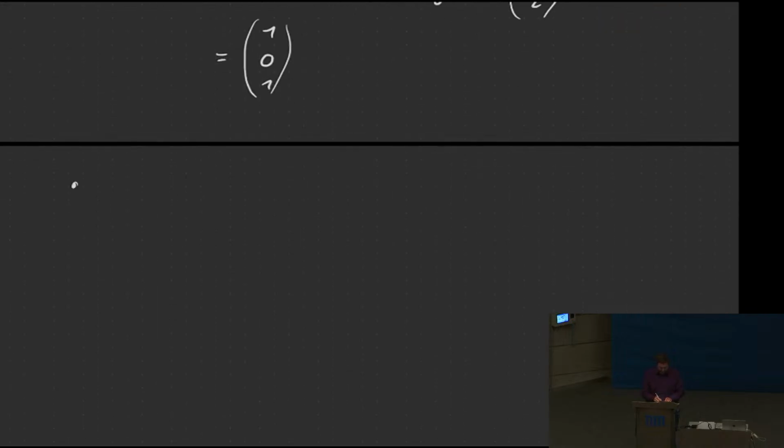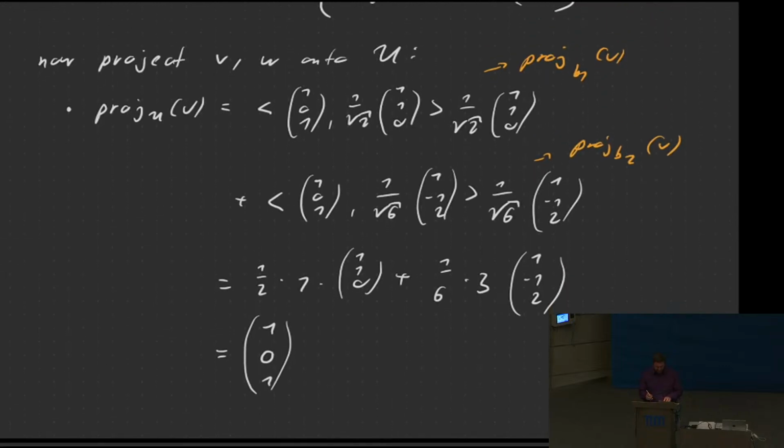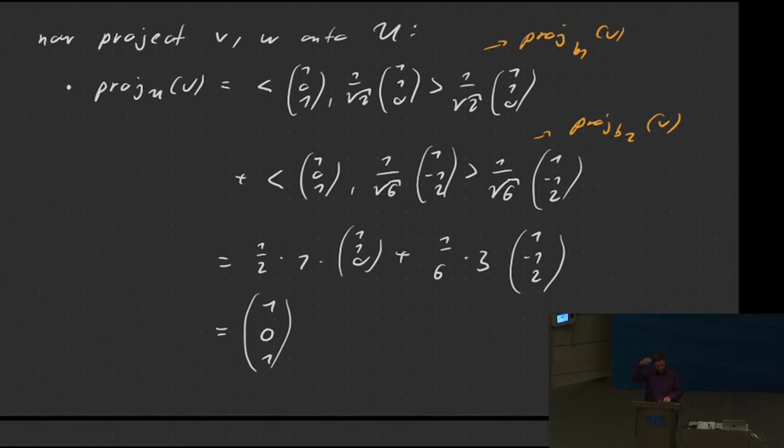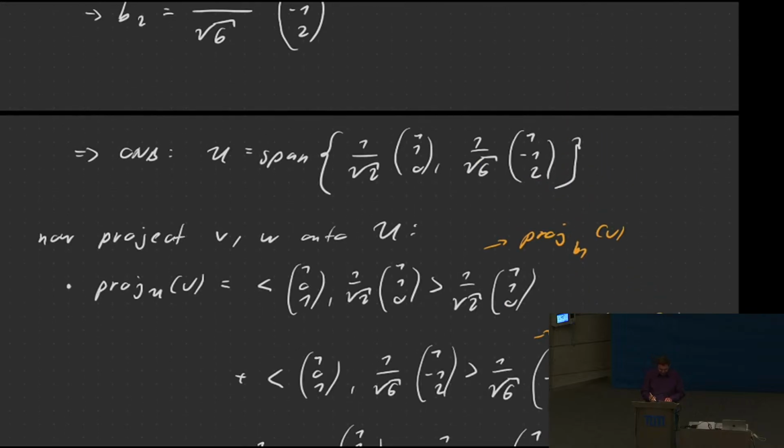All right, so just to be complete, let's also do the projection of W onto that space, and then I'll show you the third method that you could have used. Again, same thing, I do the projection onto all of those two basis vectors individually. Let me just copy over the basis.